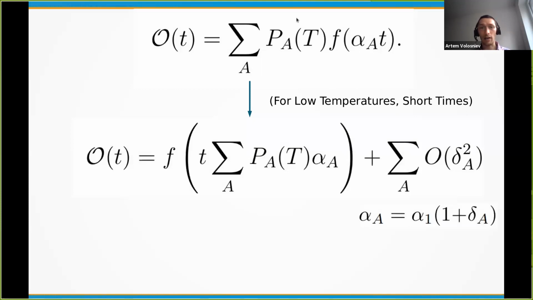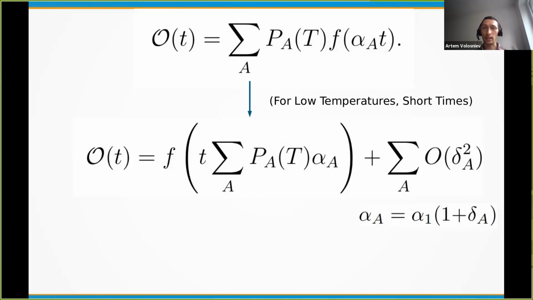Once we have that, we could work with it. For low temperatures, only a few lower states are occupied, and these alpha A's just depend on the energy, so they don't grow quickly with the manifold number.